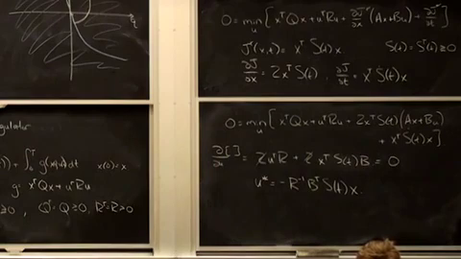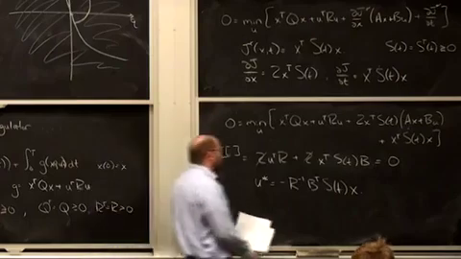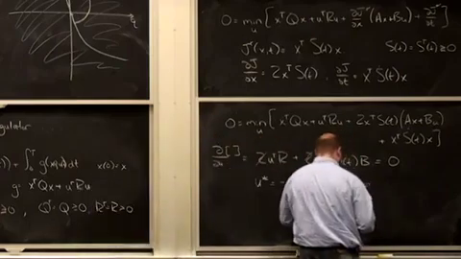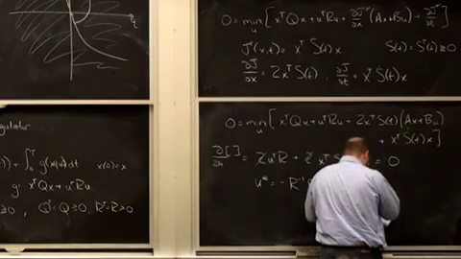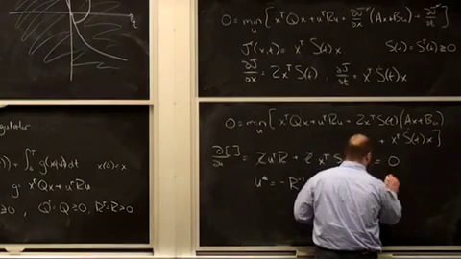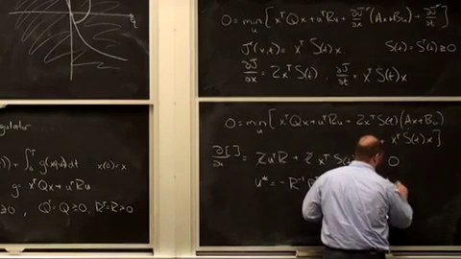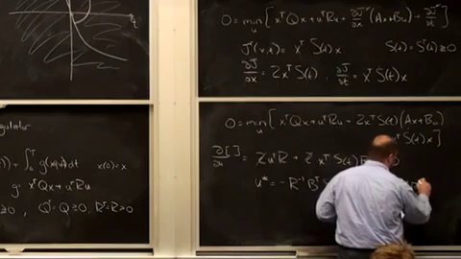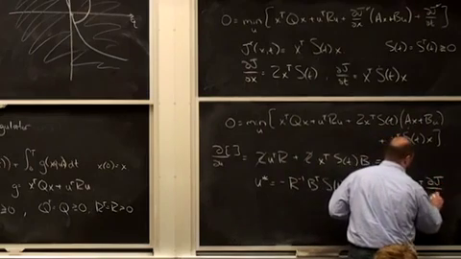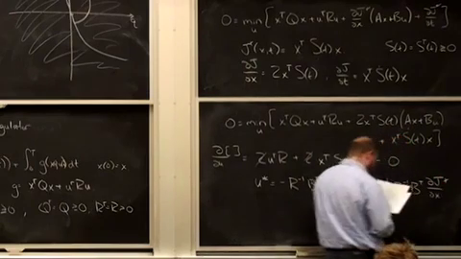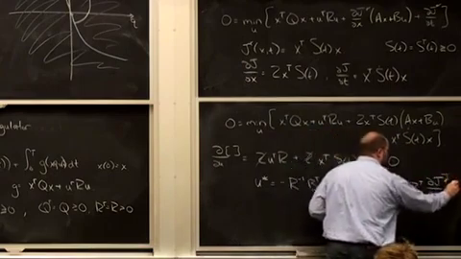Okay? It's important to realize that it's equivalent to writing negative half R inverse B transpose partial J partial x transpose.